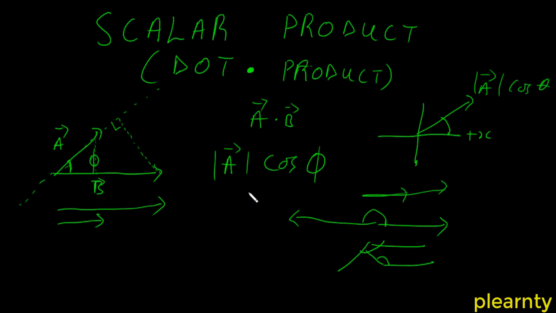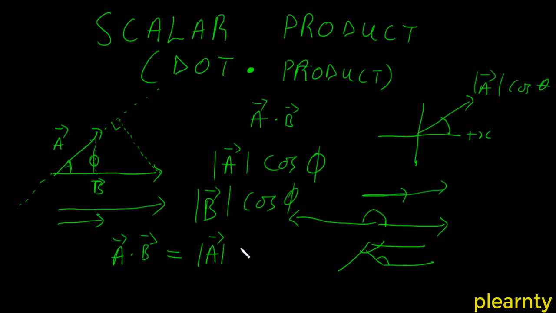So it will give you the B component of A. Now when you say B cos phi, it will give you the A component of B. So to look for the A component of B, multiply by the magnitude of A itself, you just say A dot B, which is scalar product, is equal to A, which is magnitude of A, multiplied by B cos phi.